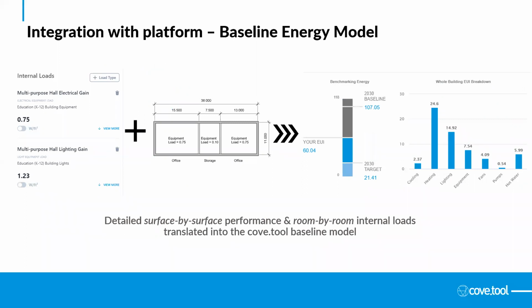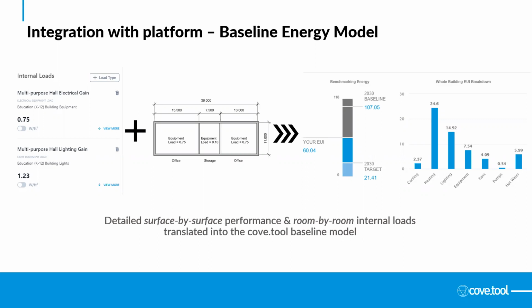Not right now, not every building even gets any energy model. And so our goal is, if users are using the tool to do that load modeling, we're going to always calibrate back to the Cove tool baseline energy model that's super quick and super fast and gives people a good understanding of the EUI, of the baseline, of the benchmarking, so they can make decisions quickly, without even realizing they're doing that model.